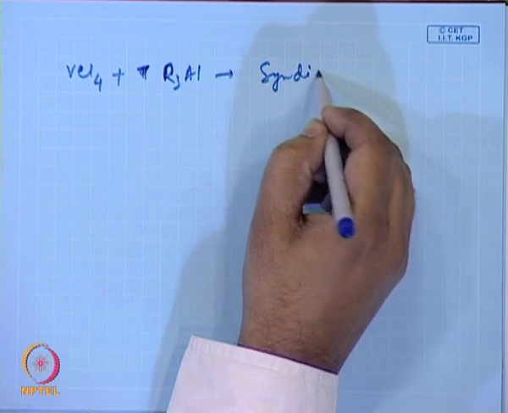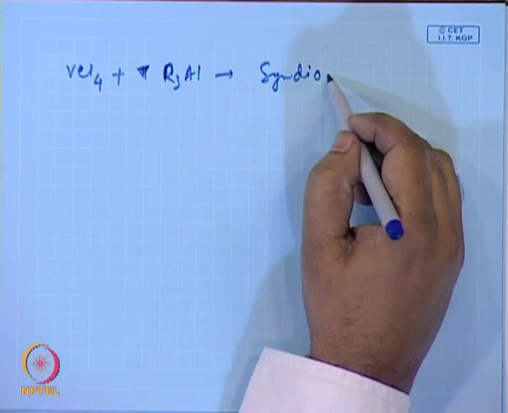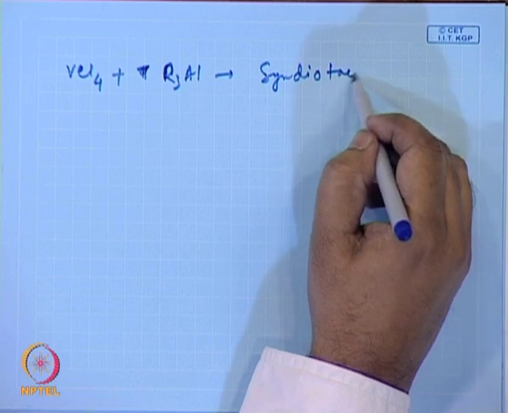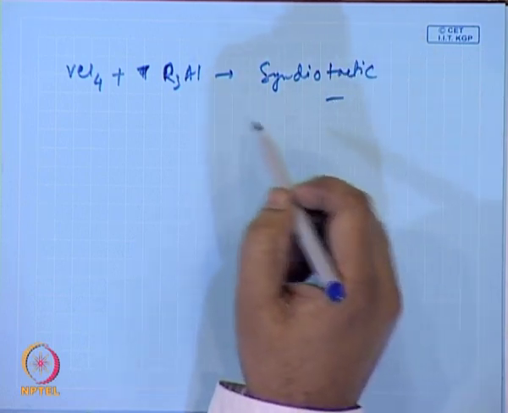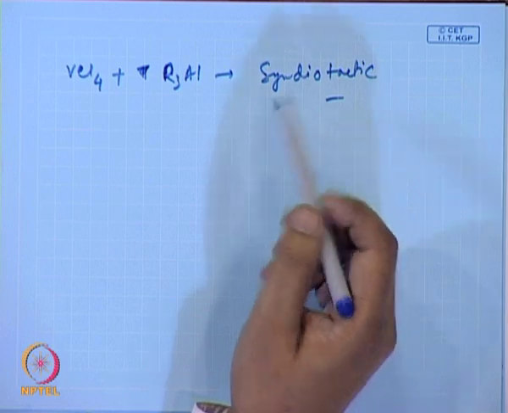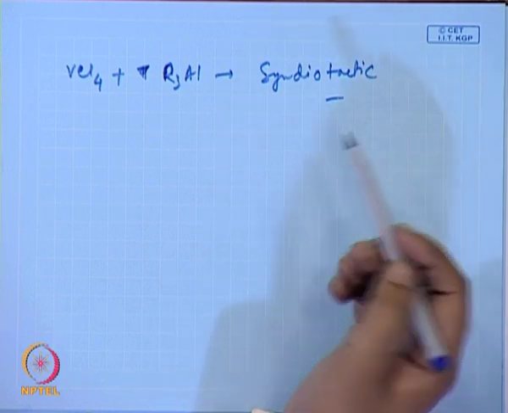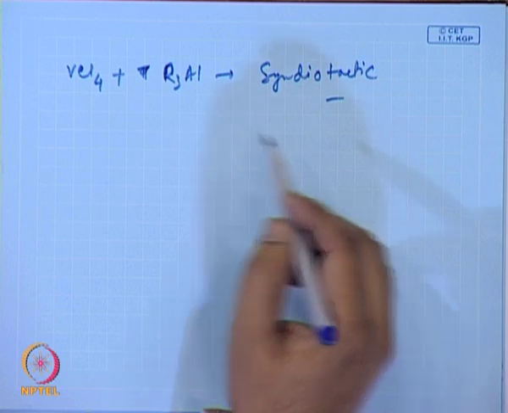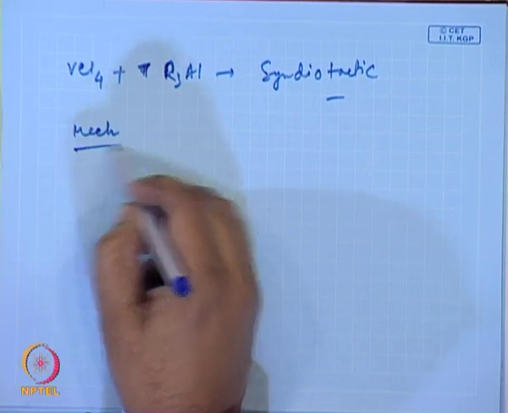These are exceptions, a few exceptions rather than a regular case. In almost all cases, it is the isotactic polymer which gets formed.